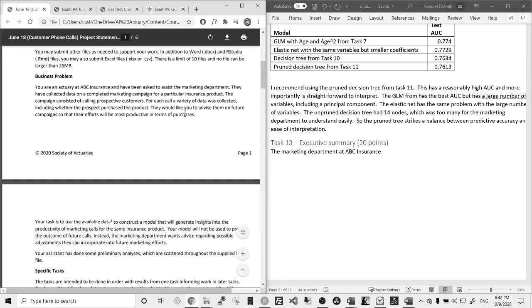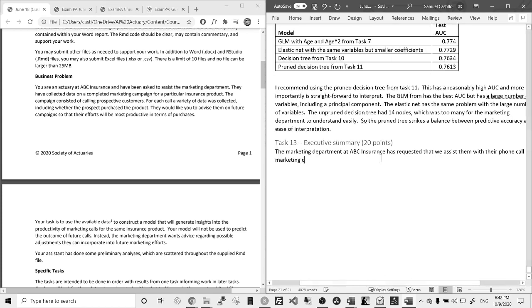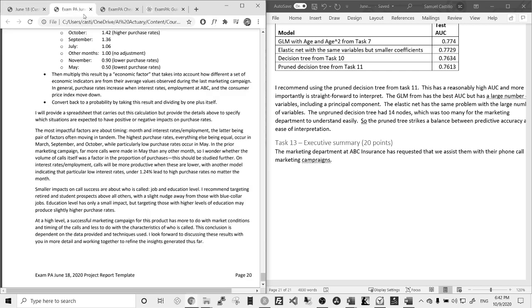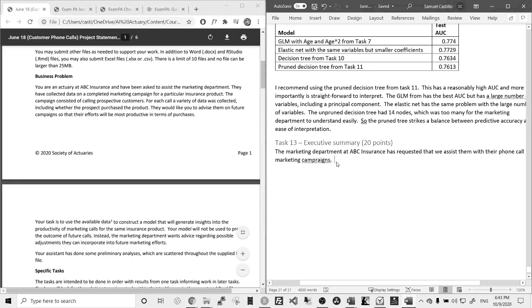This question is, for a variety of calls collected, they would like you to advise them on future campaigns. Has requested that we assist them with their phone call marketing campaigns. And the issue is improving the conversion rates. That is increasing their profits by having more customers purchase their products.